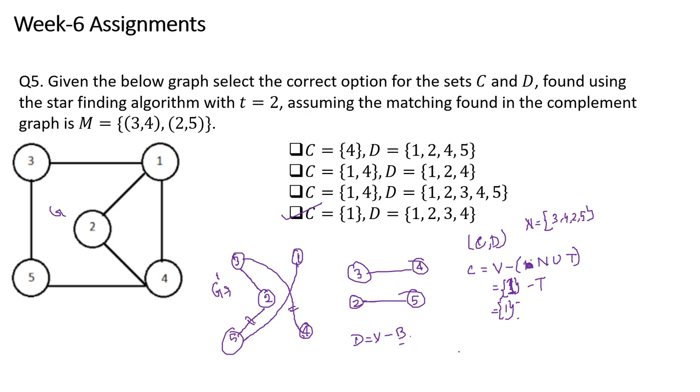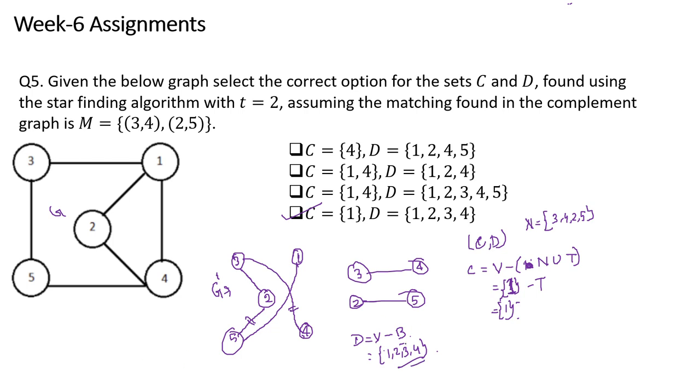So among 3, 4, 2 and 5, only 5 has adjacency to the node in C. So 5 is in B. So if we just remove the elements of set B, which is only 5, we are left with D equal to 1, 2, 3 and 4, right?